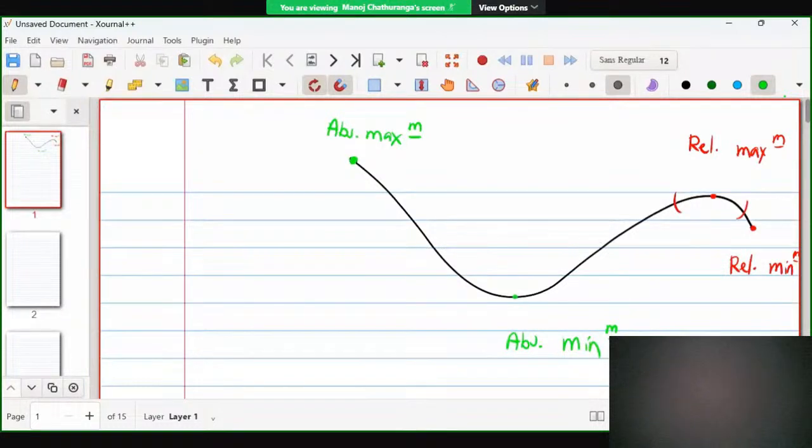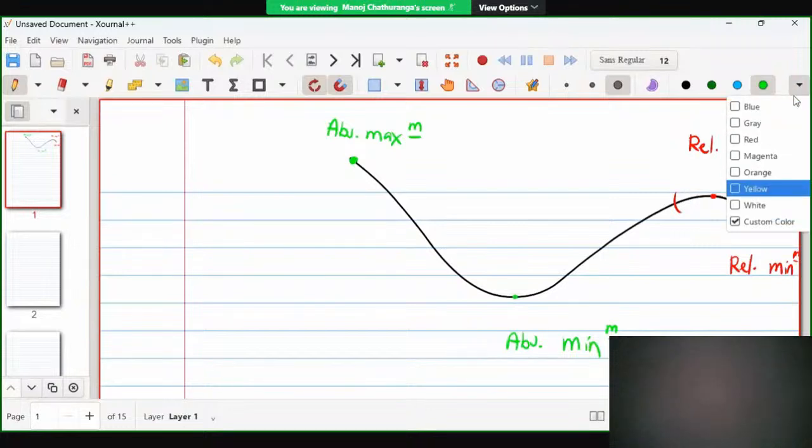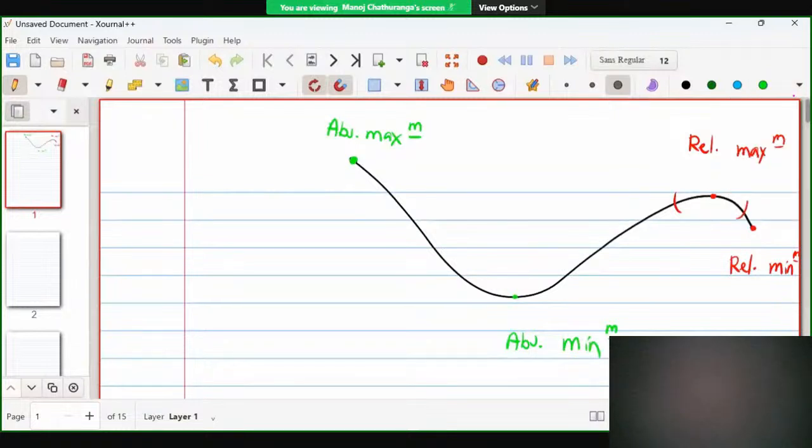Now, if we go back and think about derivatives, we know at some points the derivative is zero, and at those points we have horizontal tangent lines. For example, right over here, the tangent line is horizontal, therefore we have a zero derivative.